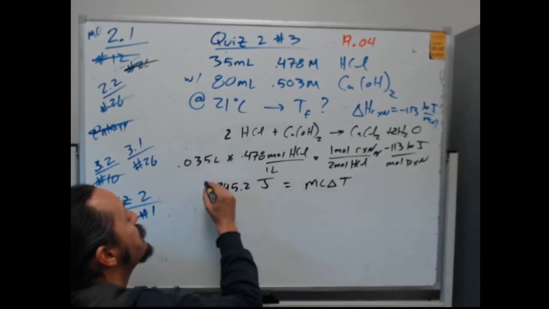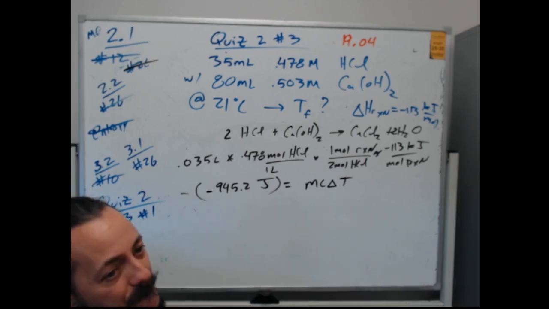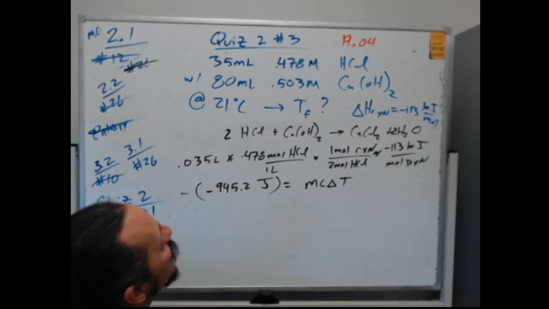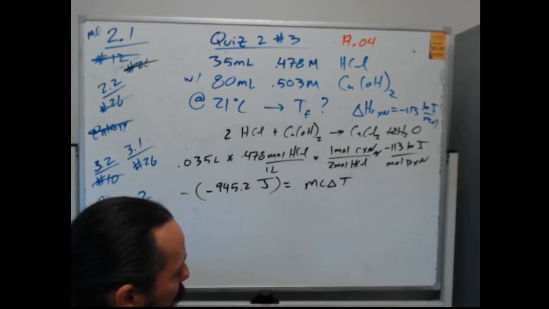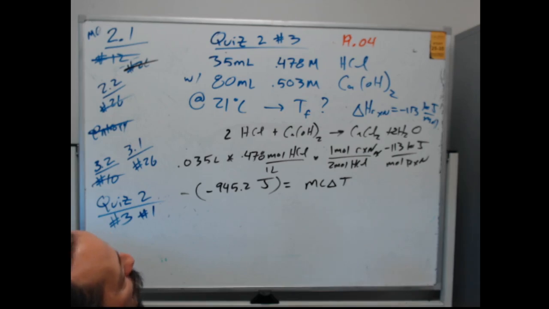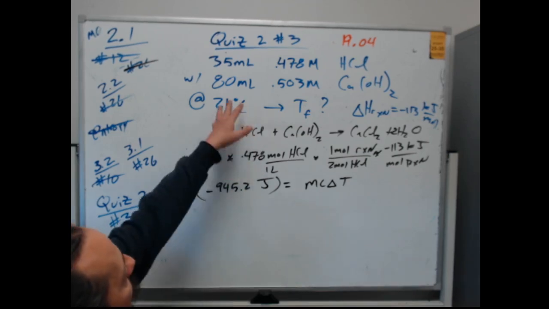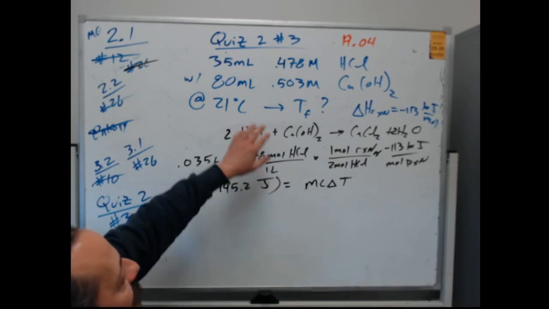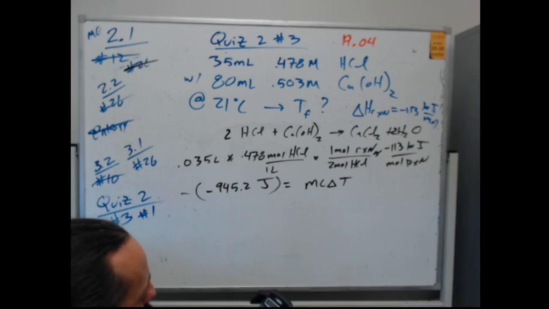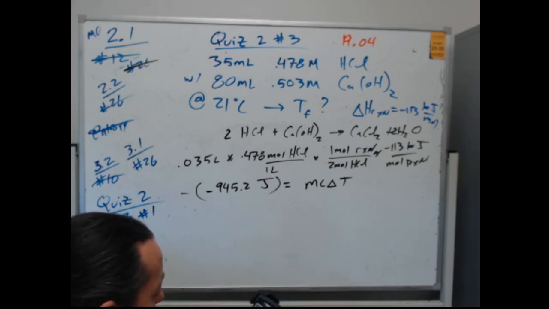And for stuff like this, do you just always assume that it's like water? Yeah, it's reacting to form water, the calcium chloride. Here's my logic for it. If we take our calcium hydroxide and say how much calcium hydroxide is in this 80 milliliters of it, I know how to do it for sodium hydroxide because I did it earlier.